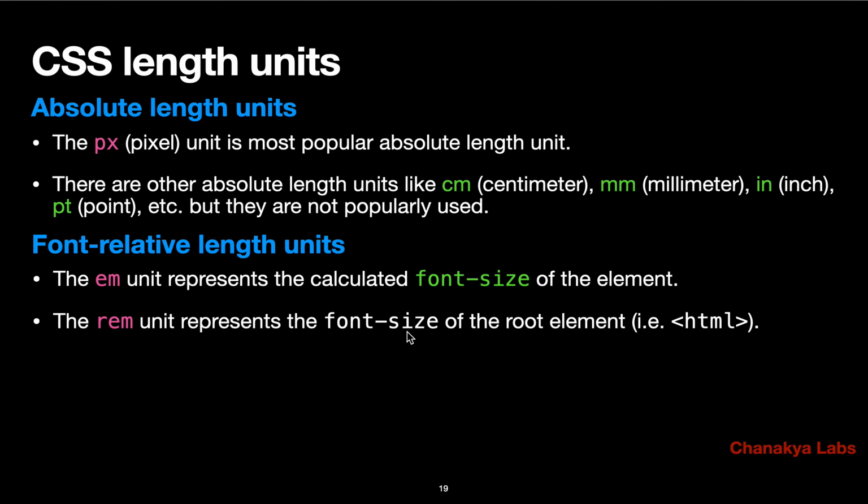Okay, so if I am at root, then rem will be there. If I am somewhere else, then em will take the font size at that location. One em unit is whatever the font size is at that place. Now why can that be different?